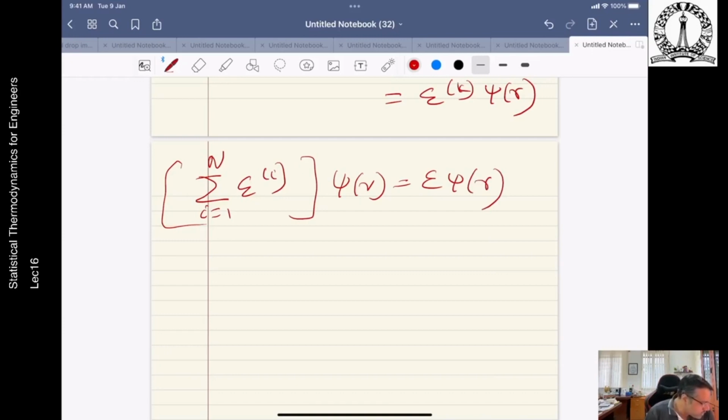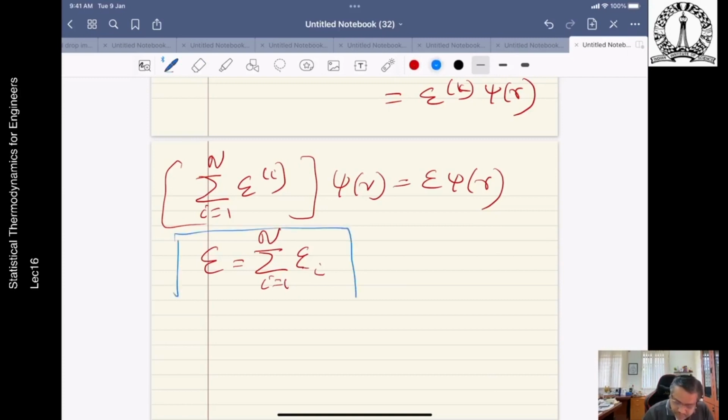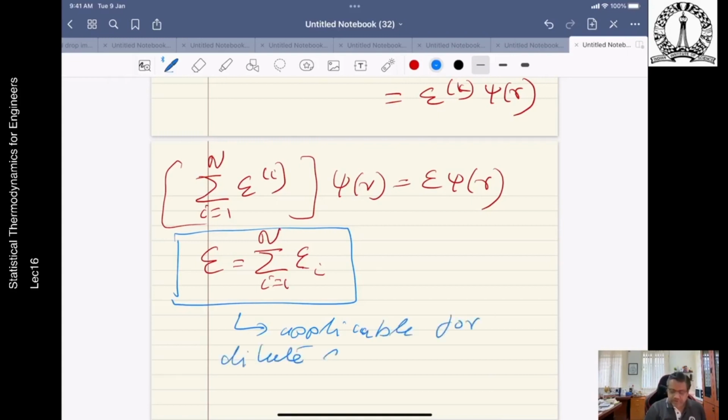So that also can be done. And the energy is the sum total over i equal to 1 to n of E i. All right. So this is applicable for a dilute system. An ideal gas is one example of a dilute system.